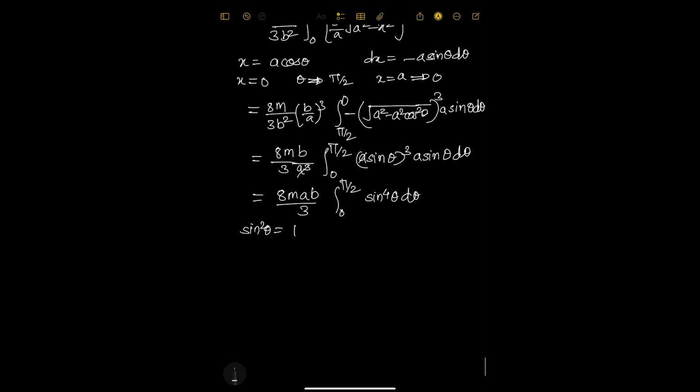So we know sin square theta is equal to 1 minus cos 2 theta by 2. So sin 4 is equal to 1 by 4 into 1 minus 2 cos 2 theta plus cos square 2 theta.